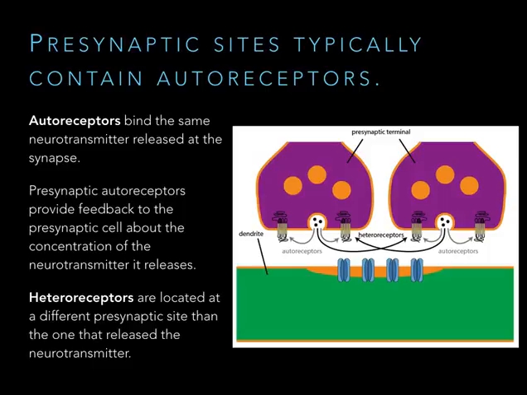And both of them are going to tend to be inhibitory in nature, because they'll only be activated if you have sufficiently high levels of neurotransmitter to escape enzymatic degradation or the reuptake mechanisms that are built in to control neurotransmitter levels. So if you have hyperexcitability in your presynaptic neuron and it's releasing way too much neurotransmitter, those autoreceptors will help tone that down to prevent the postsynaptic cell from becoming damaged and hyperexcited.